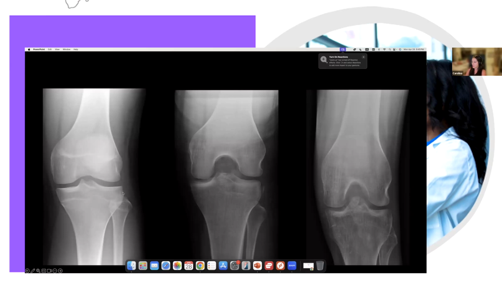In here we have the sulcus sign and the arcuate sign. This is an avulsion injury that sits above the fibula. And here we have, again, an avulsion injury in the intercondylar notch. Here, aside from the fragment in the intercondylar notch, I wanted to show you this very small piece of bone. This is another avulsion injury.